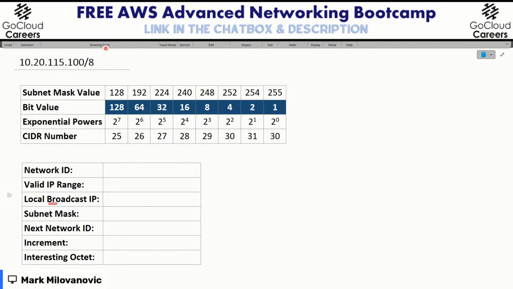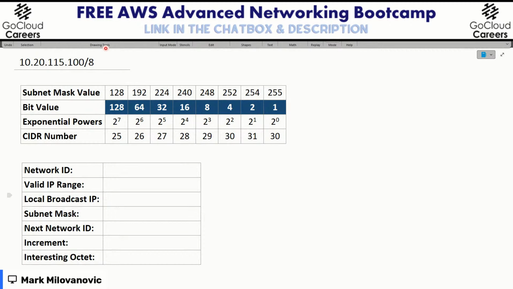Our local broadcast IP is a particular and special IP address that's derived out of the larger range. Generally speaking, in a multi-access network such as Ethernet, the assumption is made that everybody is in the same room and they all need to be able to shout at each other. That's one way of trying to find somebody, so neighbor discovery.